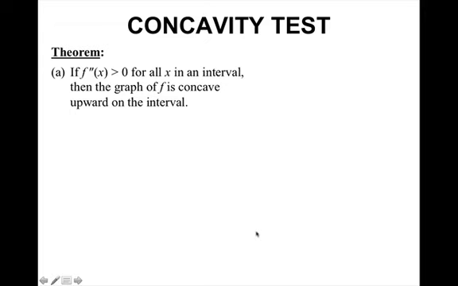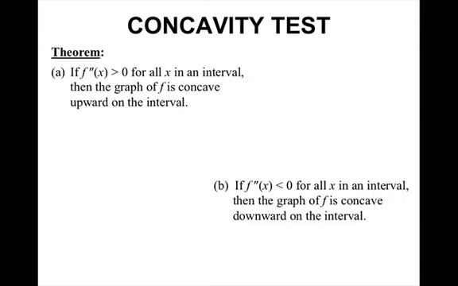So the concavity test. If f double prime is greater than 0 for all x in an interval, then the graph of f is concave upward on the interval. If f double prime is less than 0 for all x in an interval, then the graph of f is concave downward on the interval.